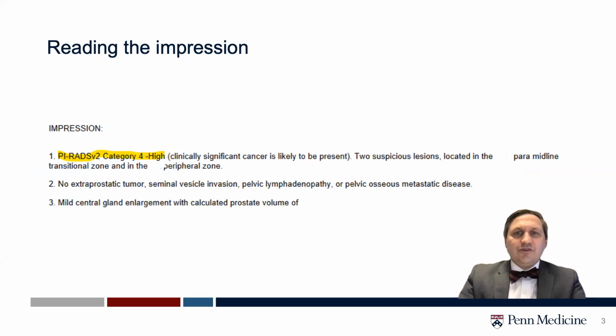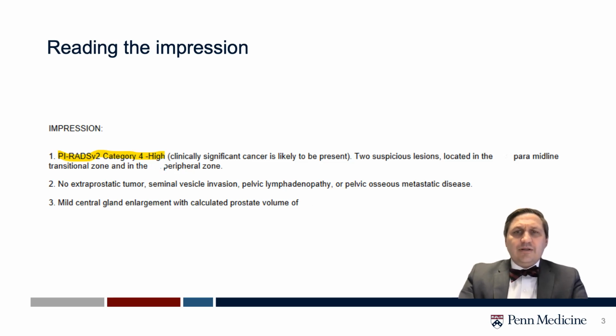So the impression will generally have three different things. It will have the PIRADS score, it will have tumor bulging, and then it will have the prostate size. The PIRADS score is what we are most interested in if your MRI was obtained for prostate cancer screening or follow-up.